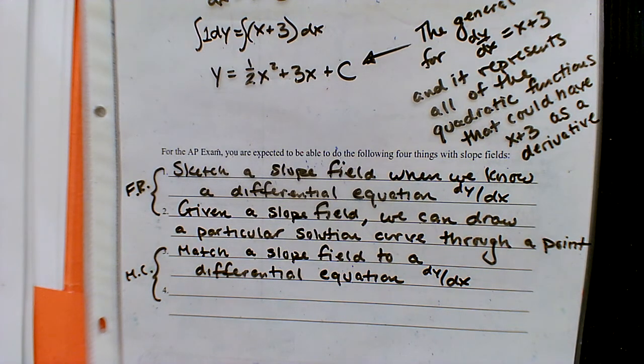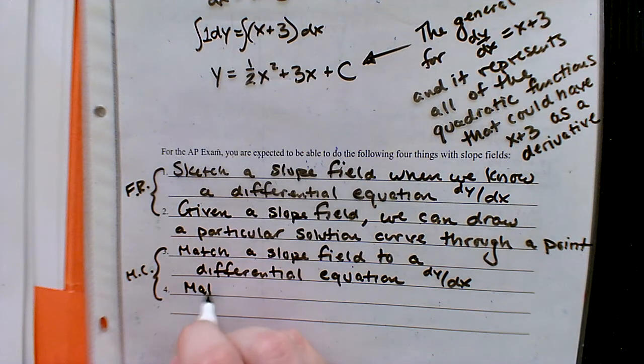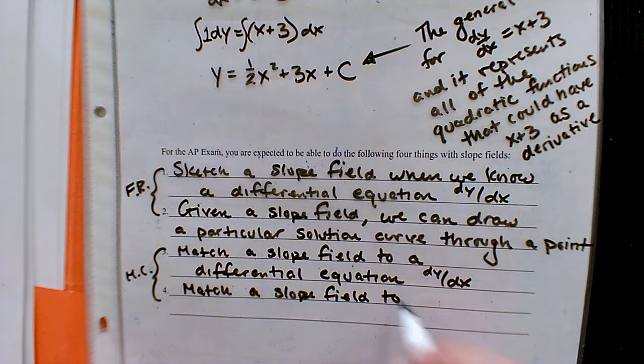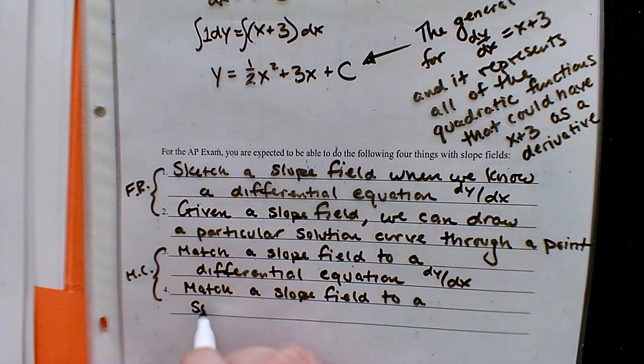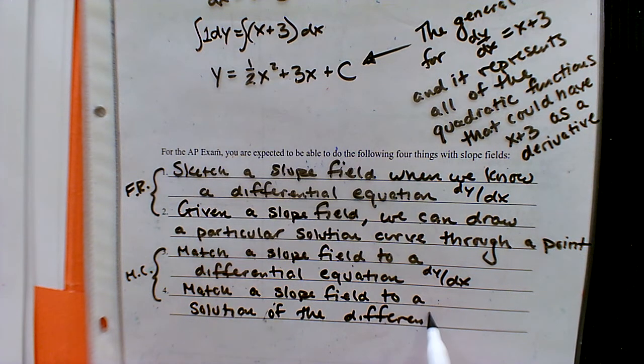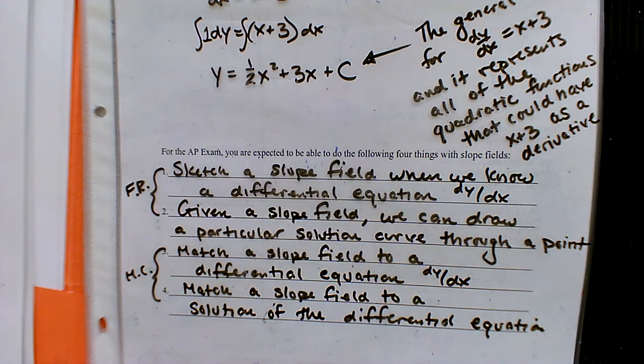But the other thing we could possibly match is a slope field to a solution of the differential equation. Remember, the solution is that antiderivative, that curve or function you get when you work backwards. So we're going to take a look at the first 2 today, the second 2 most likely tomorrow.